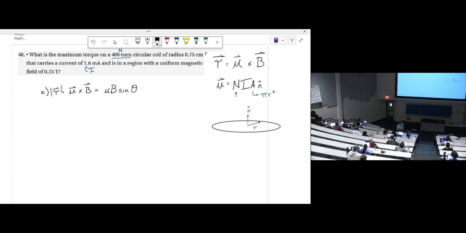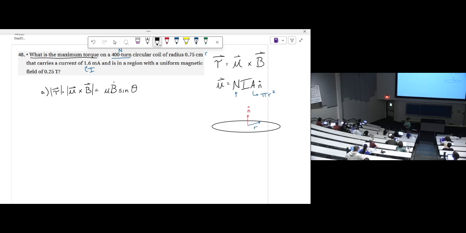And let's just concern ourselves with the magnitude of what that vector is going to be. And it asks us, what is the maximum torque here? Well, according to what we've been given, mu is going to have a fixed value. B is going to have a fixed value here. How do I get maximum torque, considering that the only thing that's variable is theta?